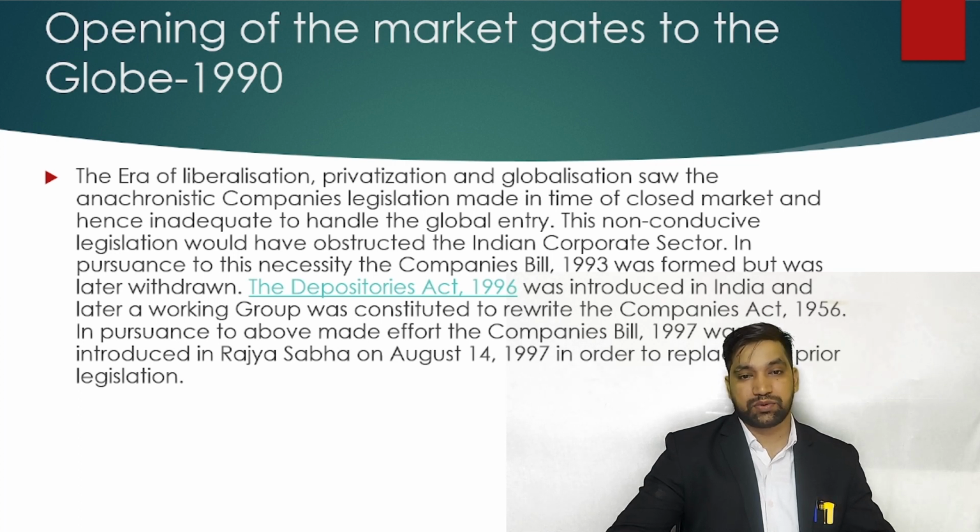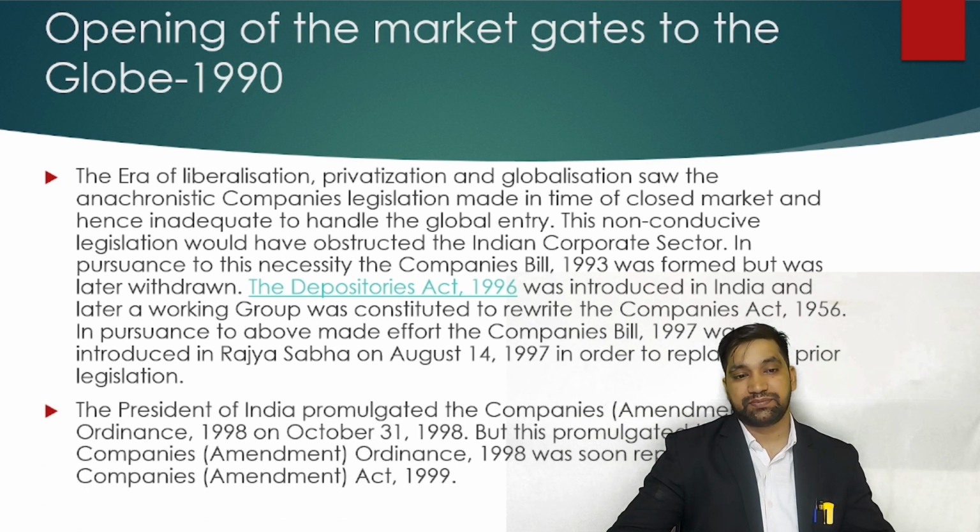The Depositories Act 1996 was introduced in India and later a working group was constituted to rewrite the Companies Act 1956. In pursuance of the above efforts, the Companies Bill 1997 was introduced in Rajya Sabha on August 14, 1997 in order to replace the prior legislation.